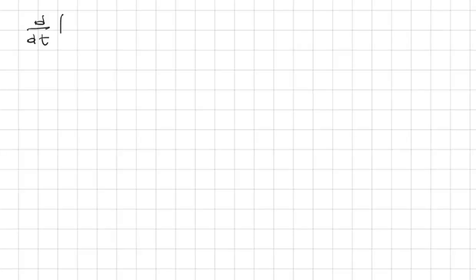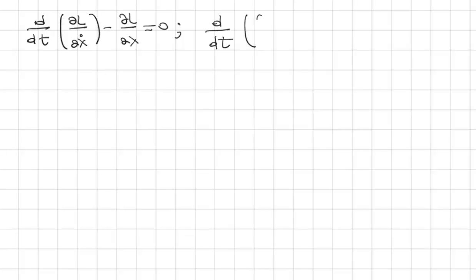Derivative with respect to time of dL/dx dot minus dL/dx equals 0. And derivative with respect to time of dL/dy dot minus dL/dy equals 0. Okay, so let's work with these equations.